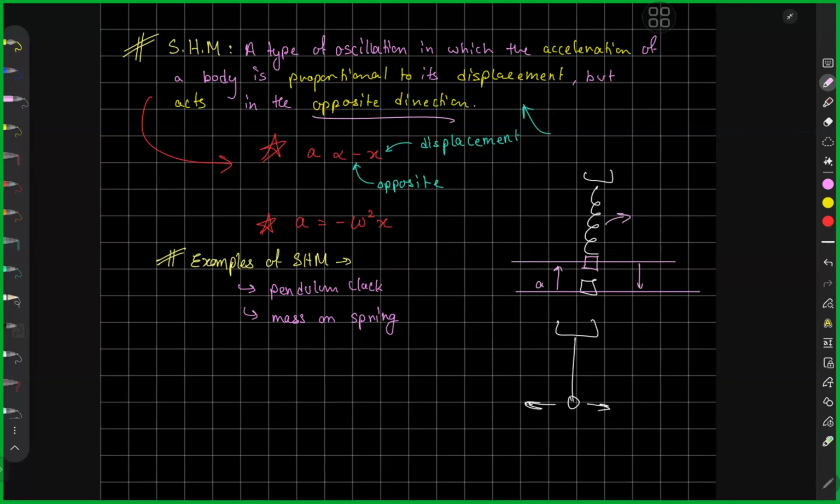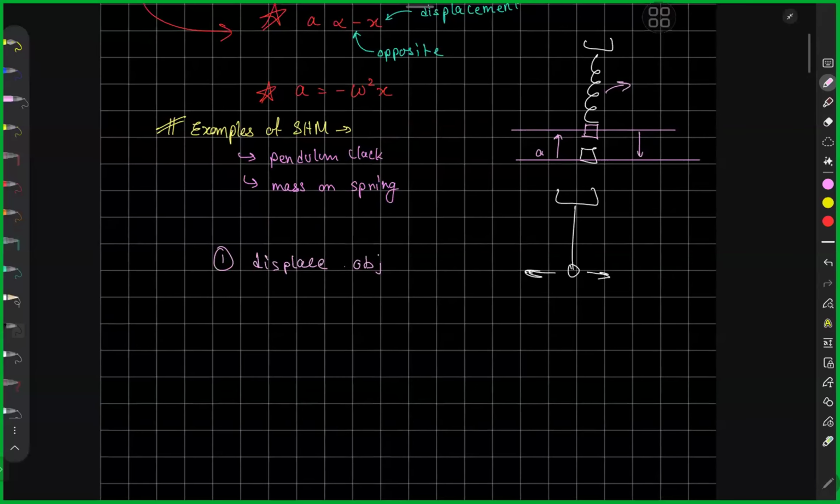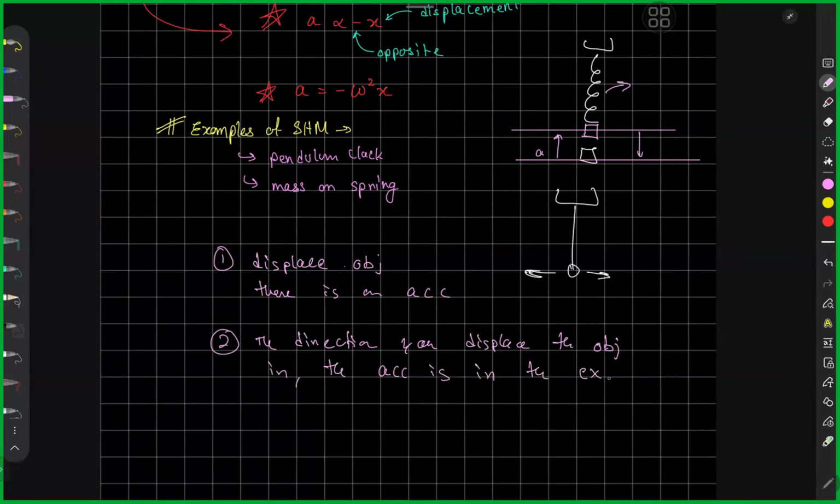Right? So two things are clear. Number one, you displace the object, there is an acceleration. Number two, the direction you displace the object in, the acceleration is in the exact opposite direction.